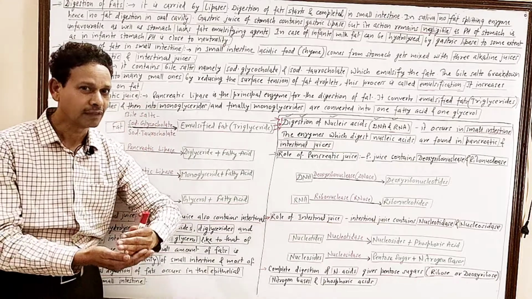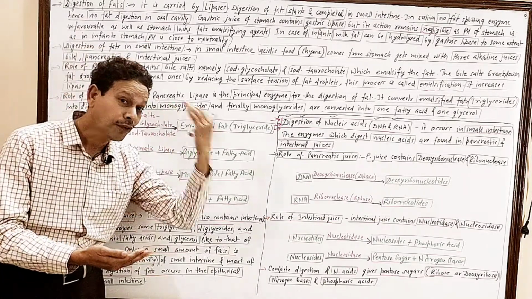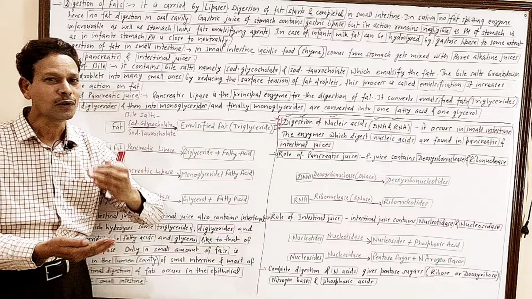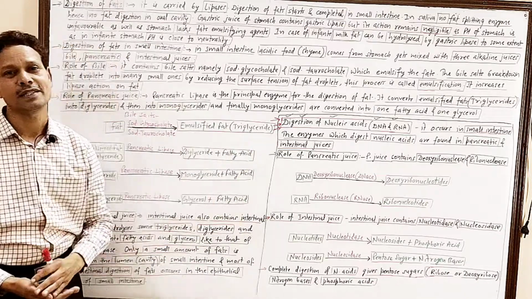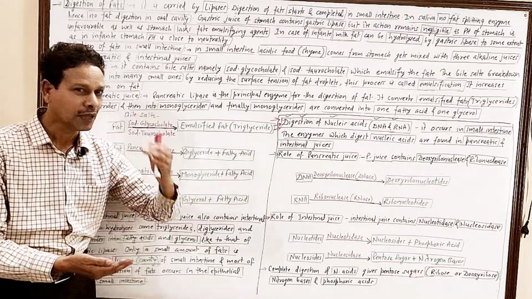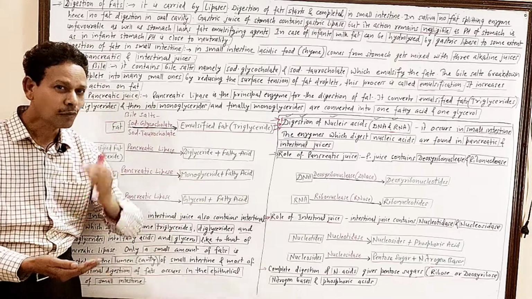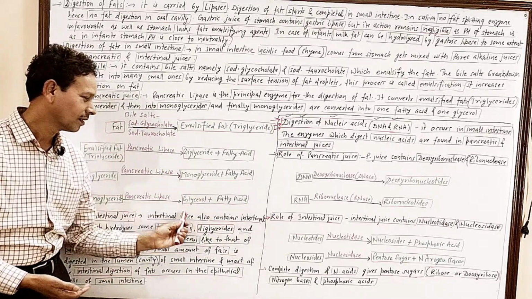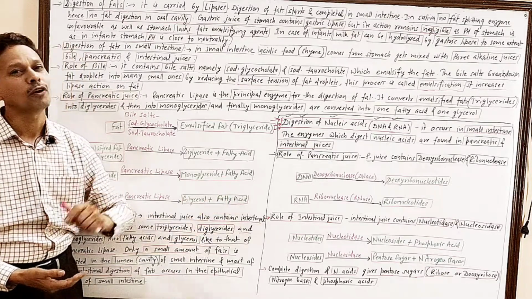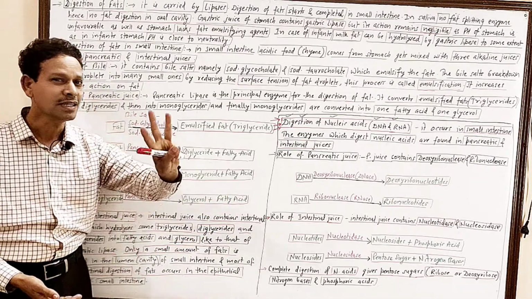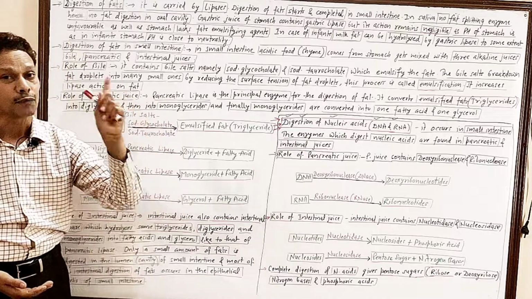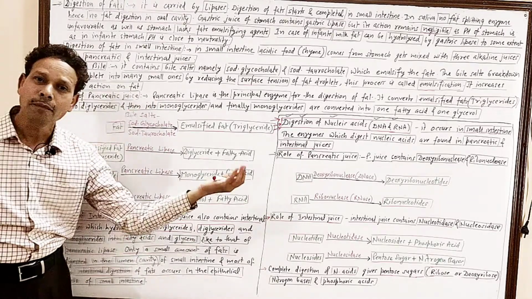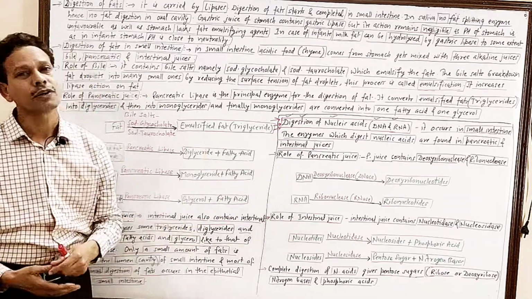Step number second, the diglyceride is further converted into monoglyceride and one more fatty acid. And step number third, last, this monoglyceride is further converted into glycerol and one more fatty acid. It means three fatty acids and one glycerol are the end products of digestion of fats.